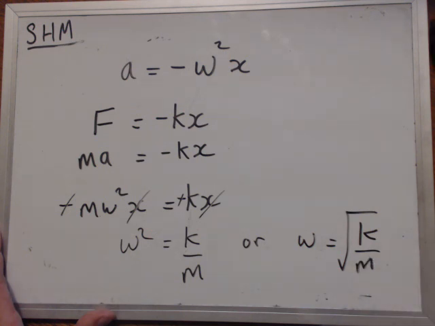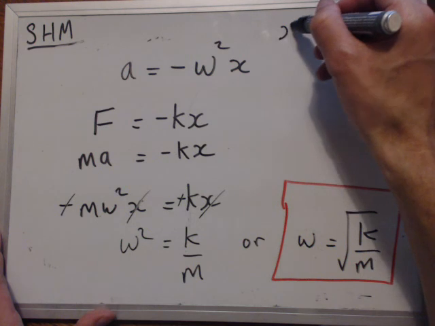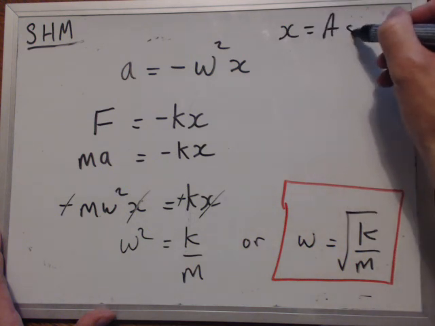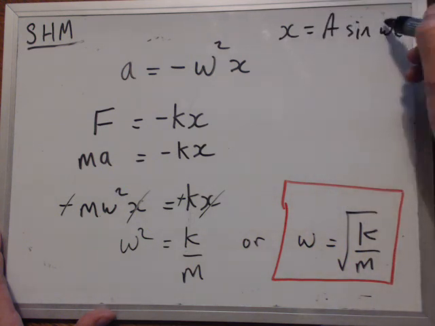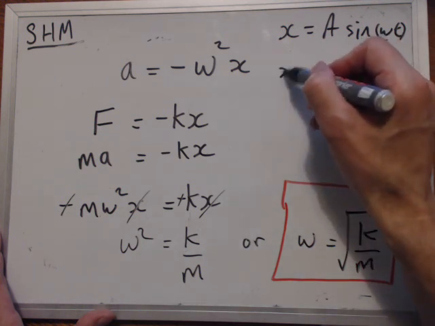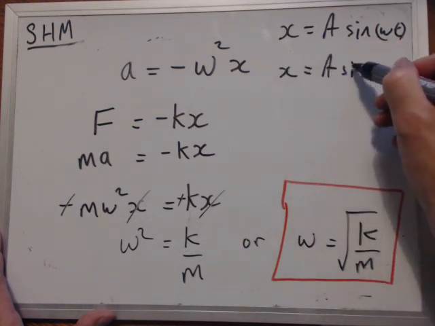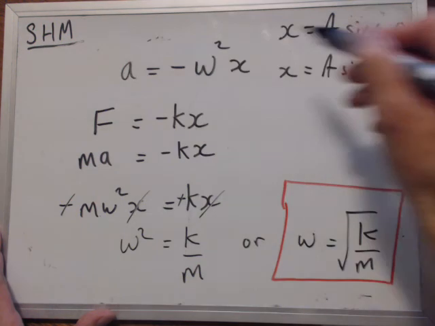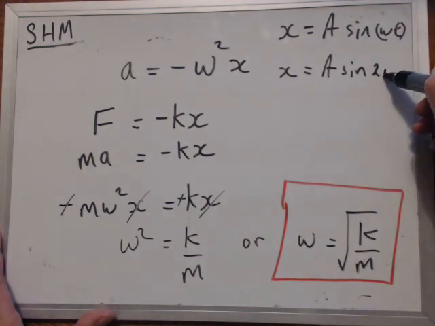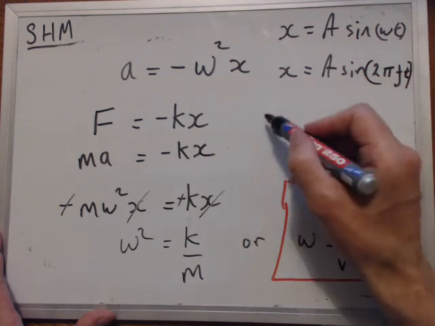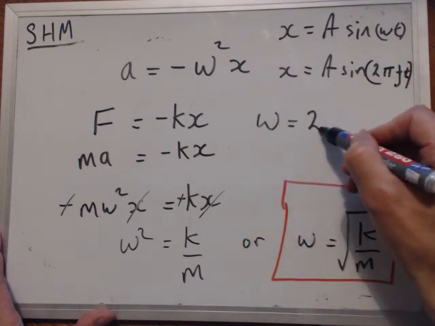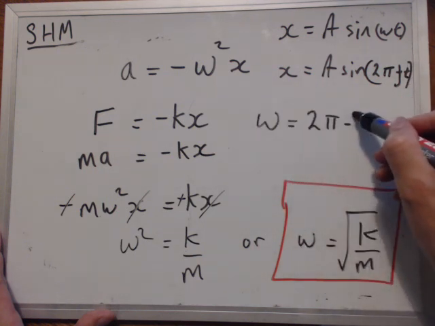This being the angular frequency. Now, in all the previous equations, such as x equals A sine omega t, that can also be written as x equals A sine 2 pi f t, because omega is equal to 2 pi f.